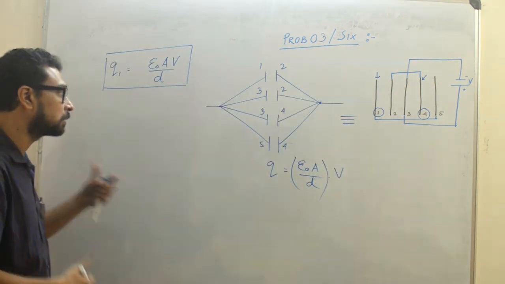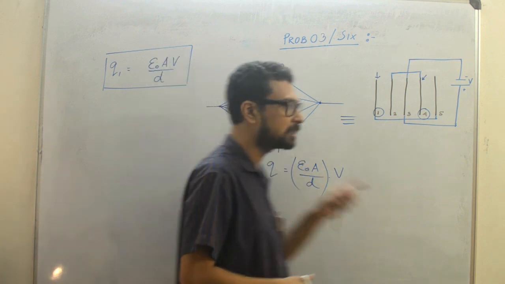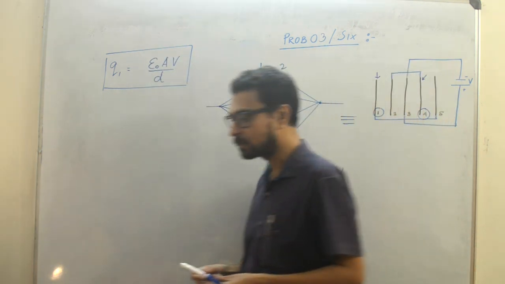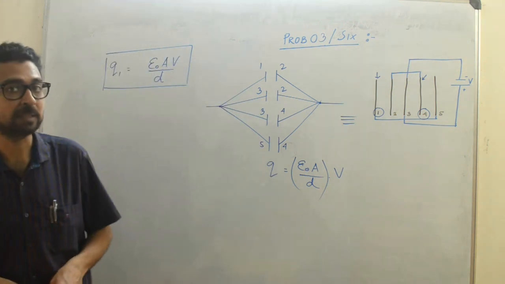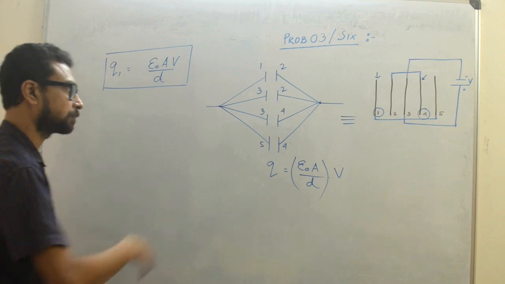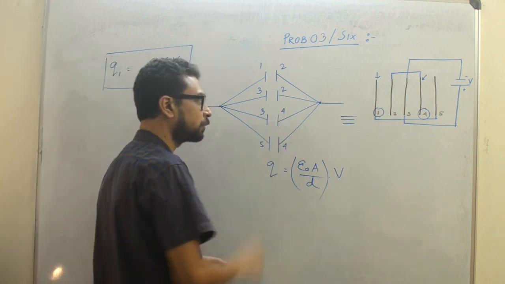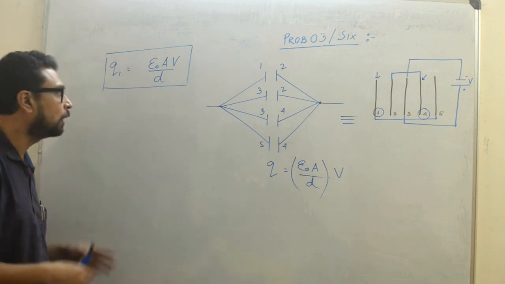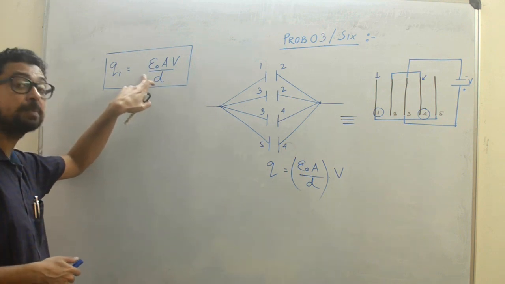Now we'll move into the other one, that is 4. We have already seen that 4 is connected to the negative side. In the diagram also it is mentioned. So the charge residing on 4 will be definitely negative. Okay, so how many plates are there? How many occurrence of 4s? 2. So total, each plate of 4 will definitely have this amount of charge, but in negative.